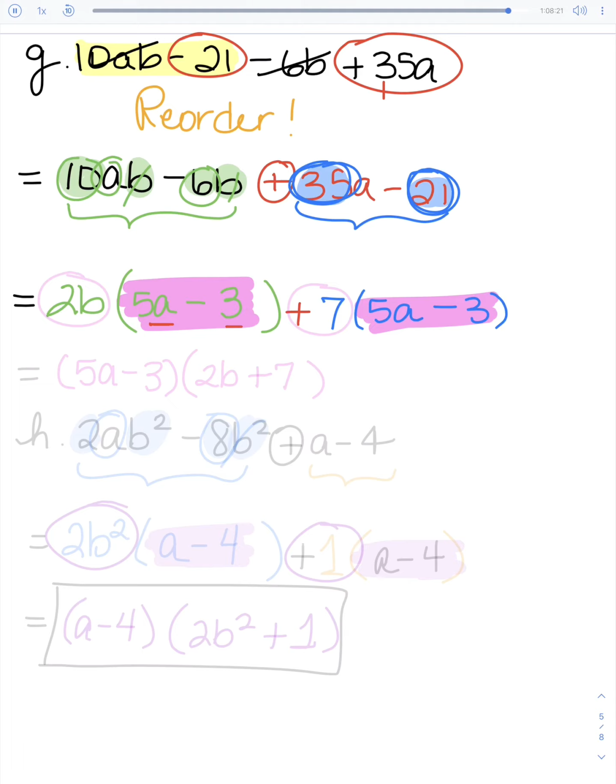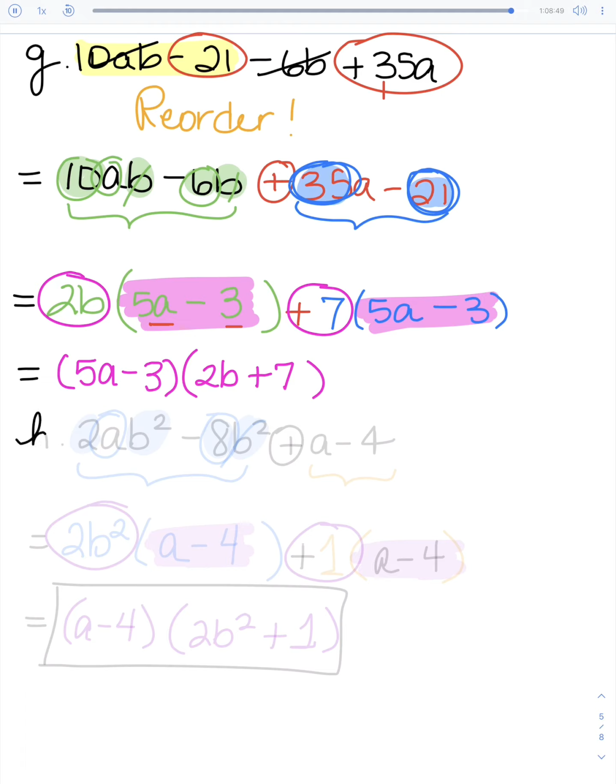So we can factor out a common factor, a matching piece of 5a minus 3 with parentheses around it. And then our leftovers, which will be in their own set of parentheses, will be the 2b plus 7. And if you had reordered this the other way around, you would have gotten the 2b plus 7 first and the 5a minus 3 second.